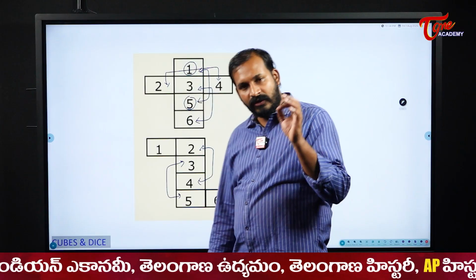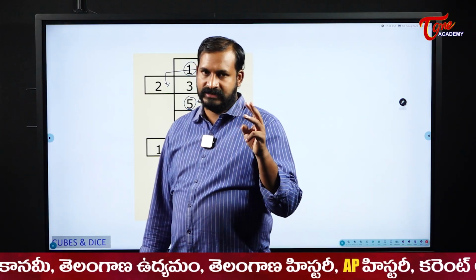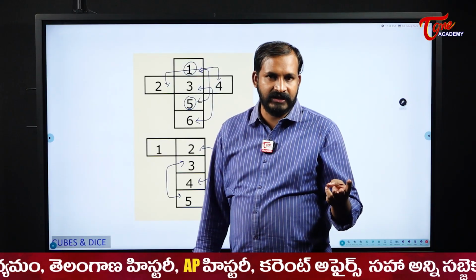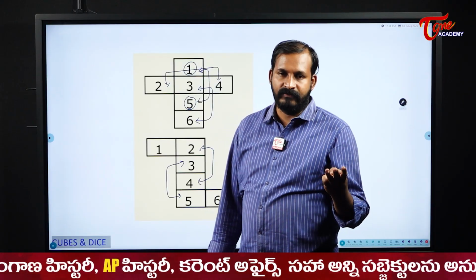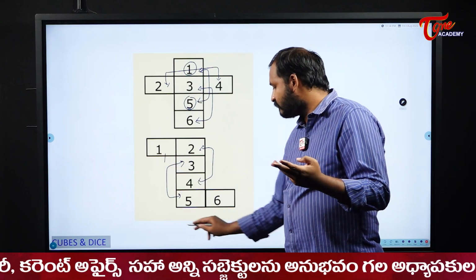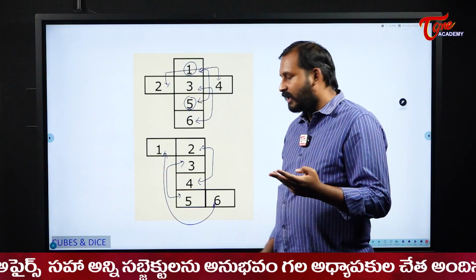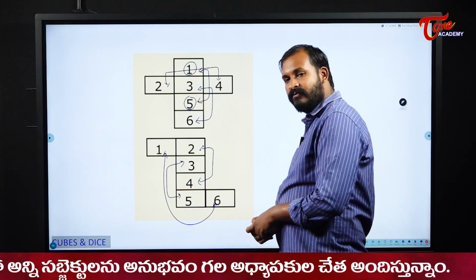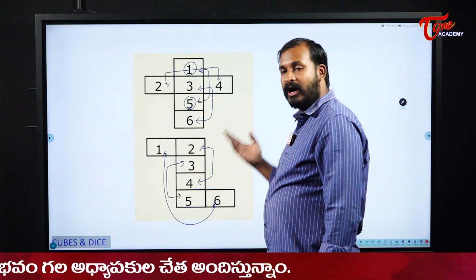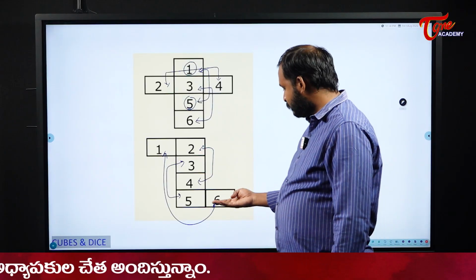Now see here, students, out of the 3 pairs of opposite faces, if you know 2 opposite pairs, you can easily say that the third one is this 2. Or else if you want to understand it more clearly, we should make it alternate.